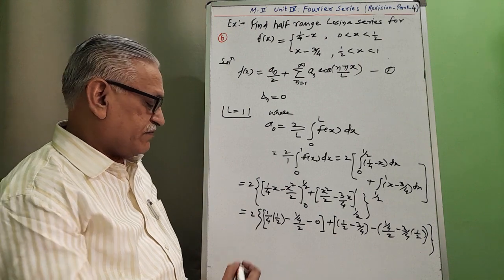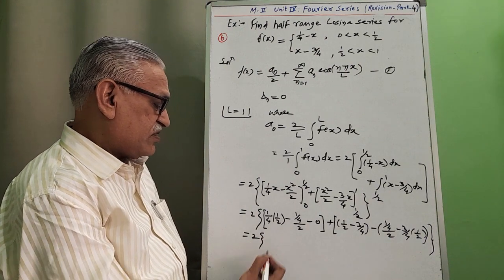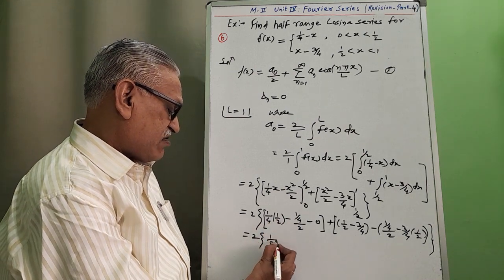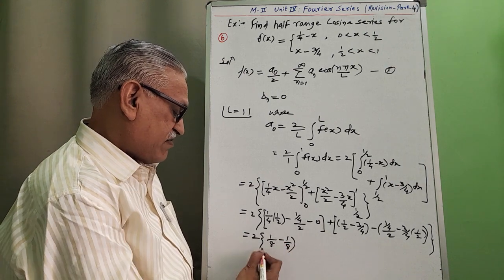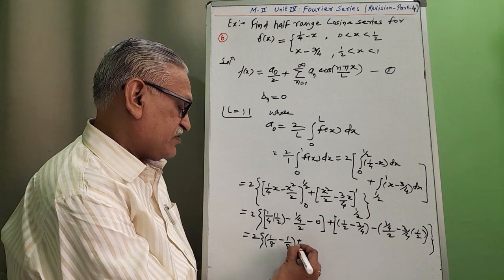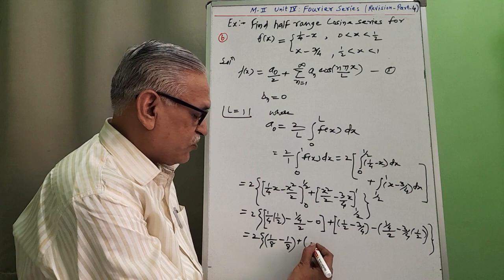Simplifying it further, we get 2 times 1 by 4 into 1 by 2, we get 1 by 8, minus 1 by 8, plus 1 by 2 minus 3 by 4, LCM is 4.